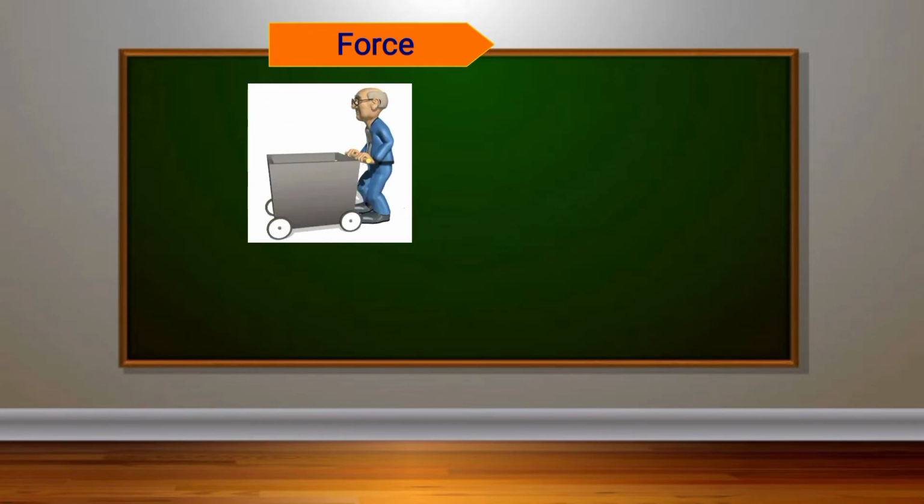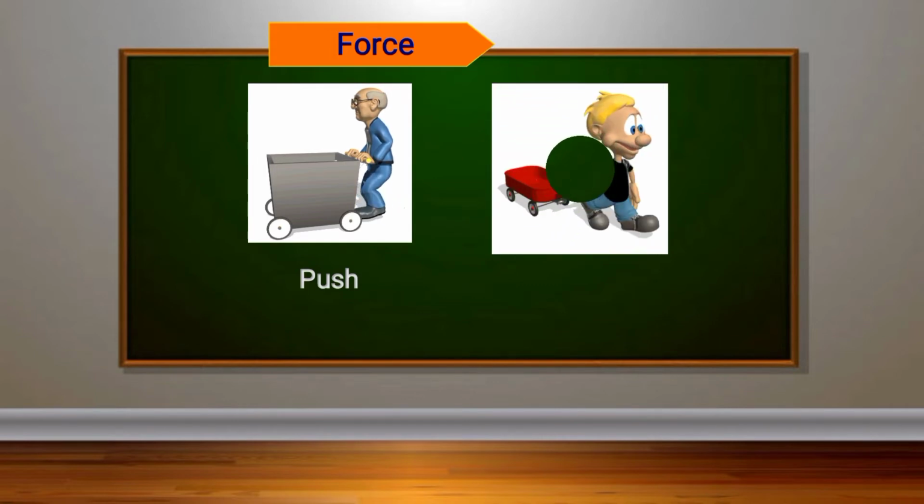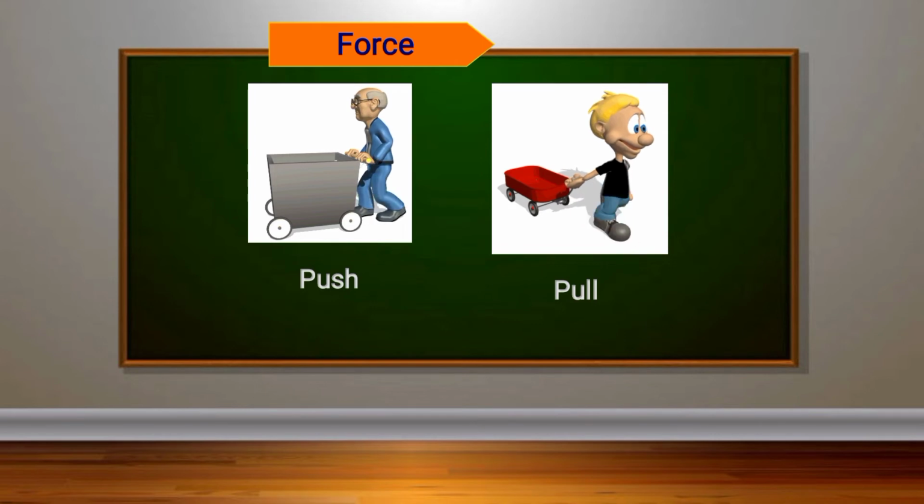Now, you have to observe the appropriate action in the following pictures. As you can see here, a man is trying to push a heavy load or heavy trolley. Similarly, a boy is pulling a toy car.